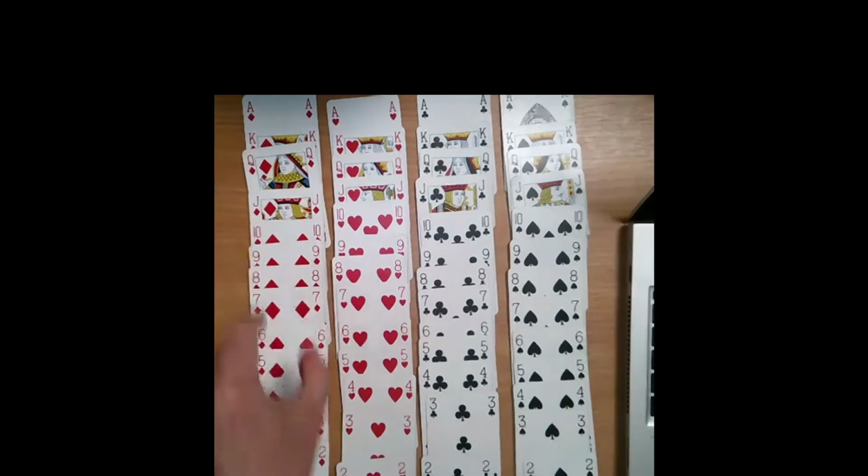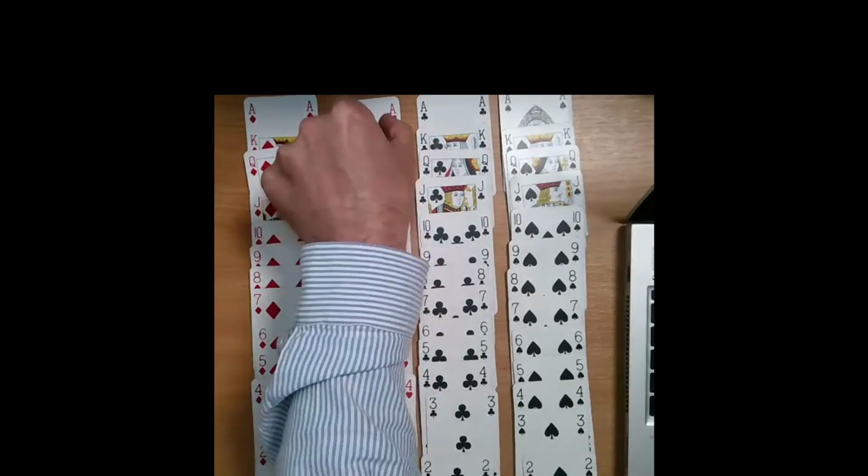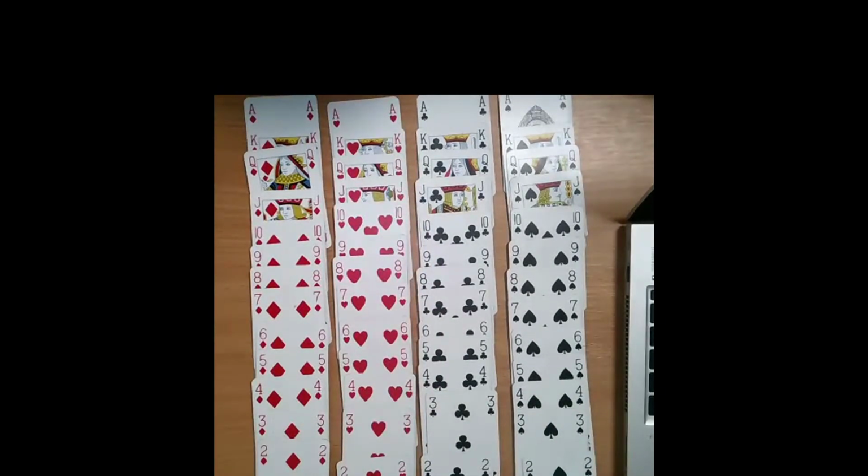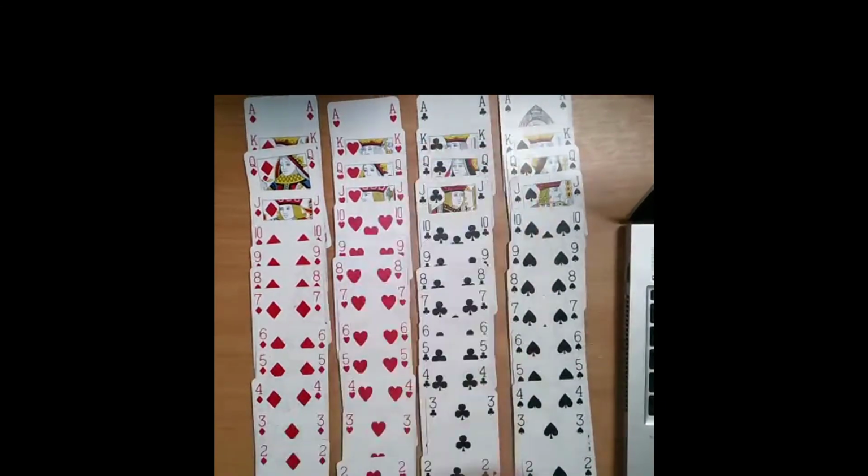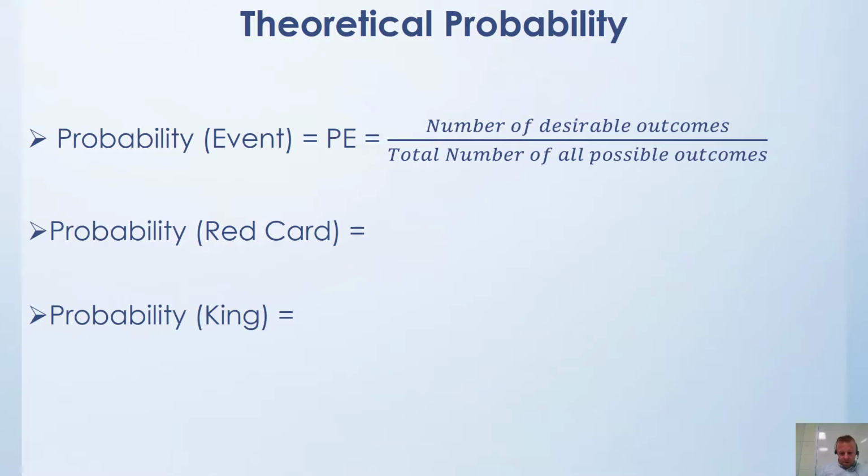Well, there are 13 diamonds and also 13 hearts, so we would have 26 reds in total. And if you add all of them together, 13, 13, 13 and 13, you would have 52. So from there we've identified that there are 26 red cards.